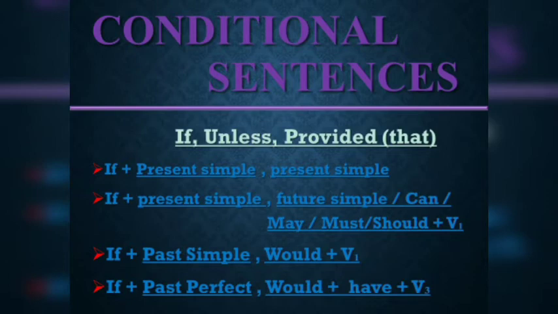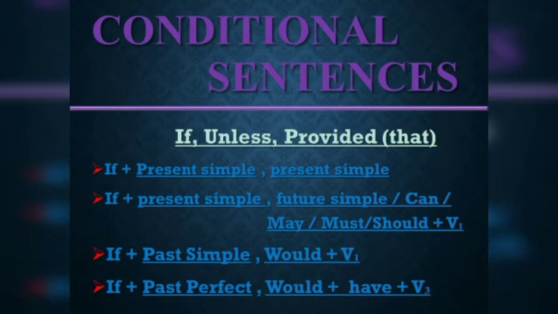Second sentence, if the teacher comes, he will teach us today. Third sentence, if you don't stop misbehaving like this, I will complain to your parents. So this is the second category.